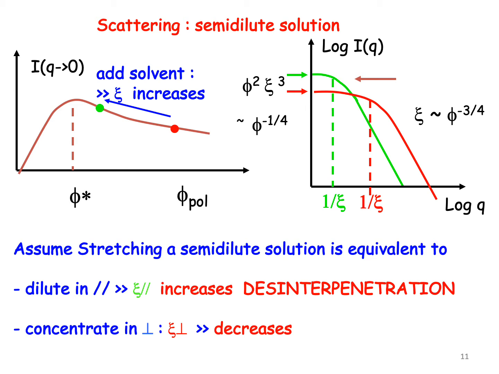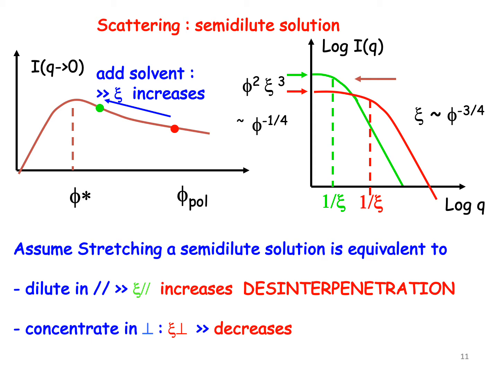So if we now imagined that we stretch the semi-dilute solution, we would observe that Xi increases along the stretch direction and the intensity also increases along this stretch direction. So here the master word is disinterpenetration. When you dilute or when you stretch, the chains are disinterpenetrated.